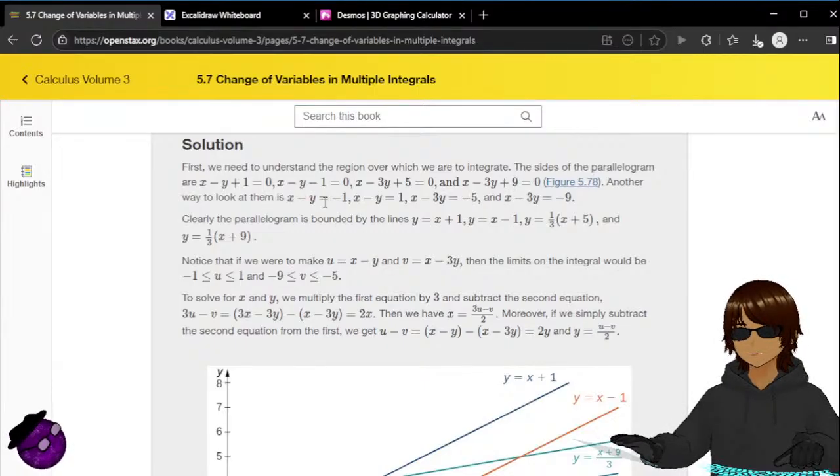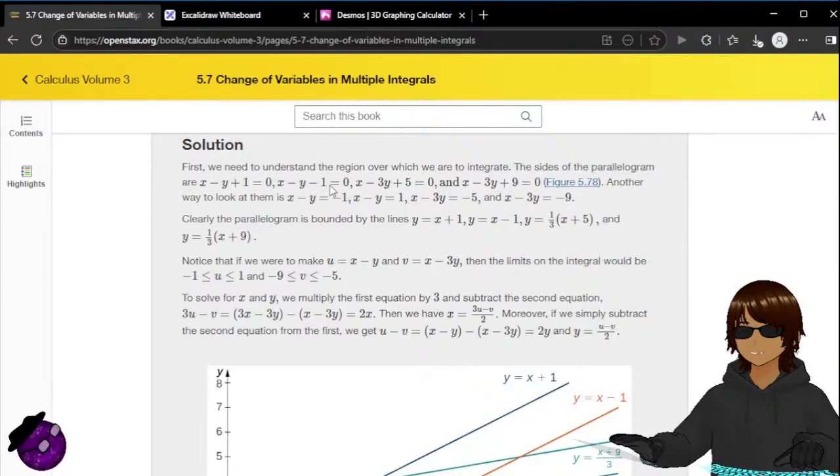Another way to look at them is this. Clearly, the parallelogram is bounded by these lines. If we put y to the other side, we get y is equal to x plus 1.